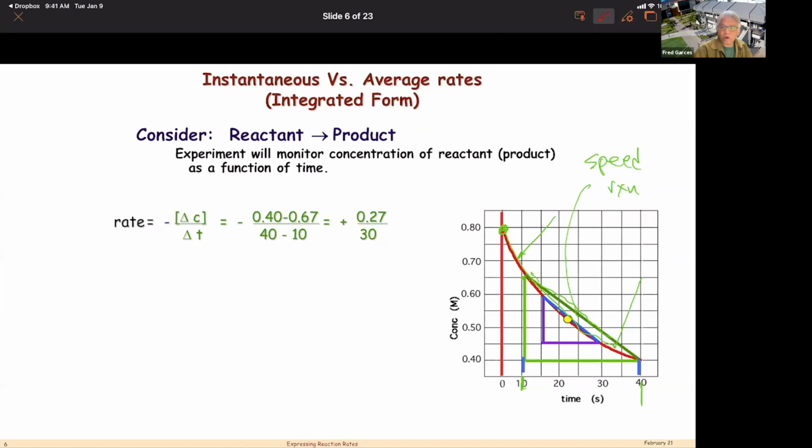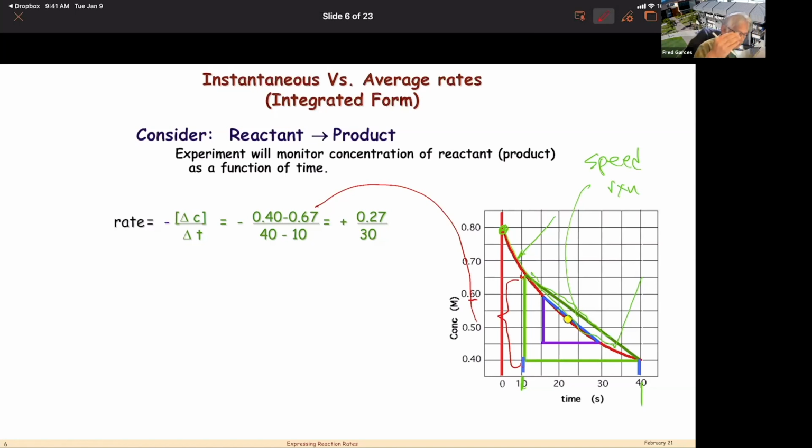So what is that slope? And the slope, if you remember trigonometry or geometry, it's the rise over the run. So the rise is going to be this right here, and that's 0.67. This is 0.6 right here, 0.67 and 0.4.